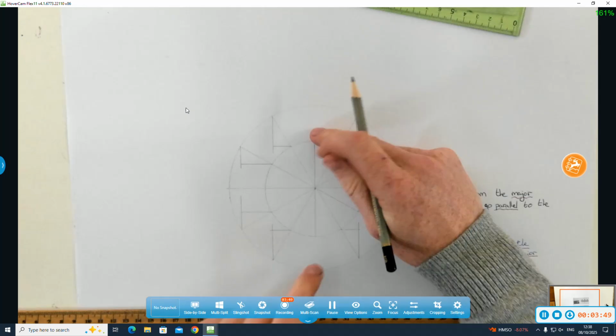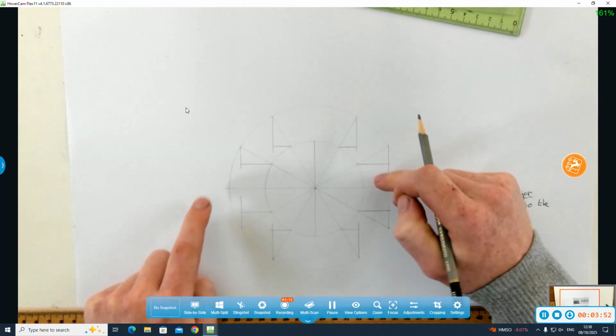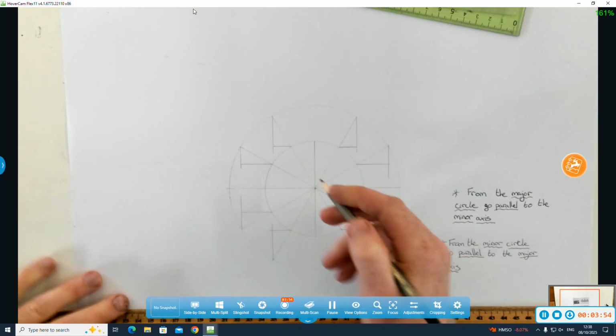Okay? Remember now, the top 2 points of our minor axis and the last 2 points of the major axis are points on the ellipse.